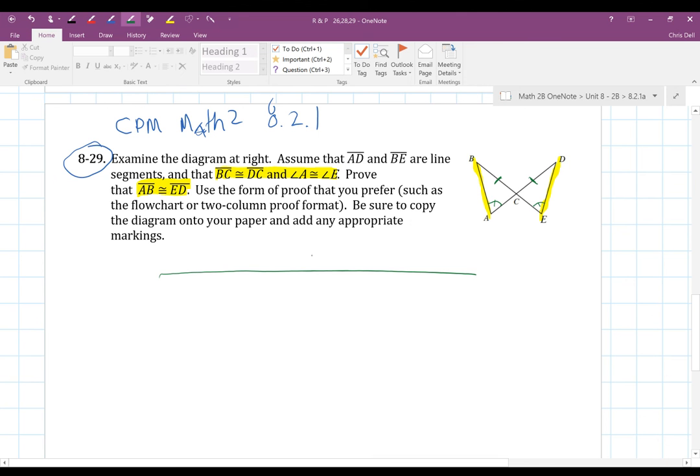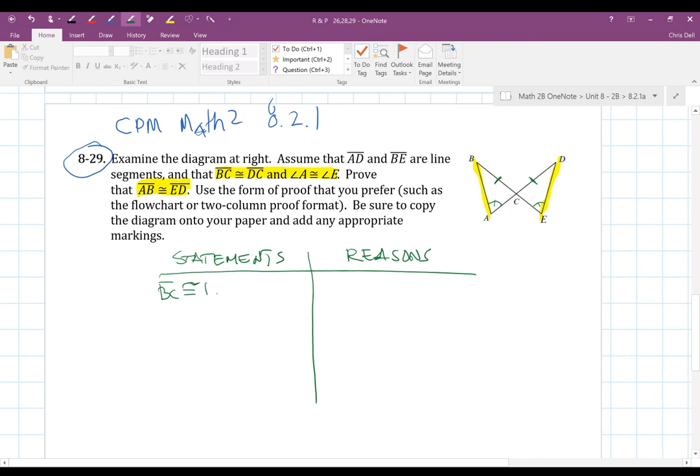Remember, when you have a two-column proof, your first column is your statements, and your second column is your reasons. We usually try to start off with our givens. You have to write them down because it's part of the flow of the proof.